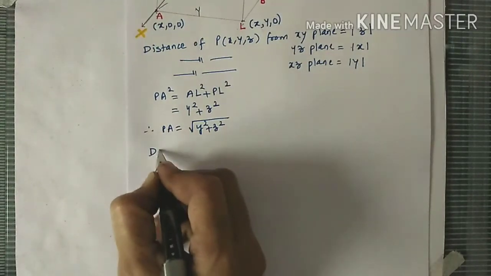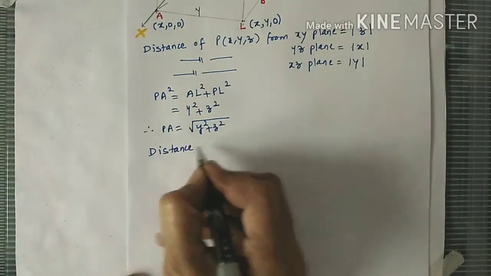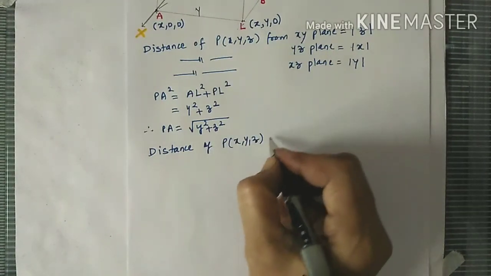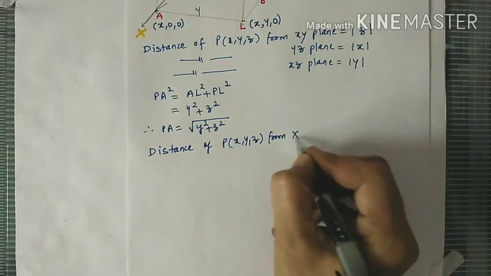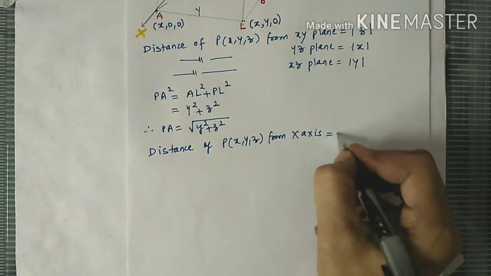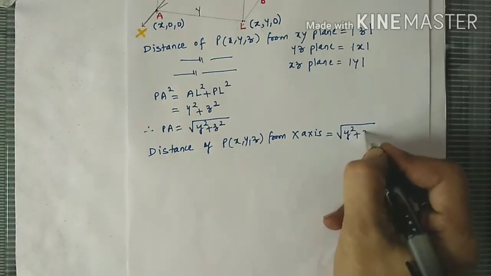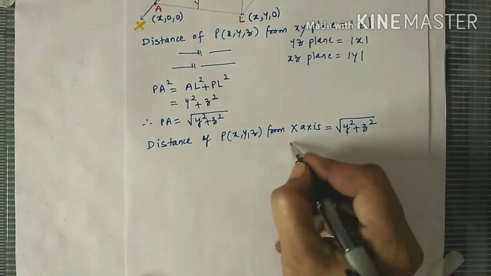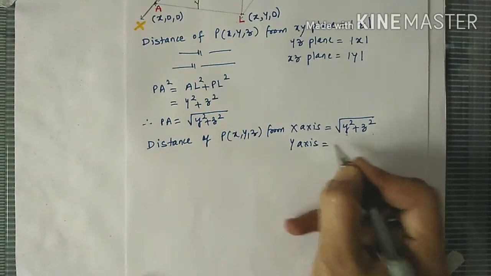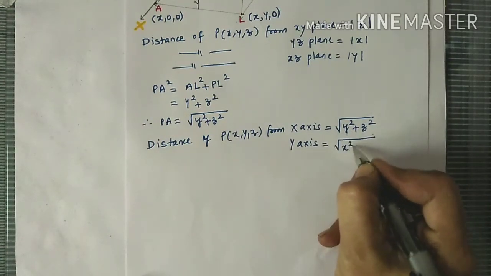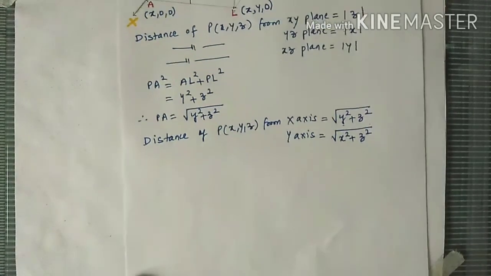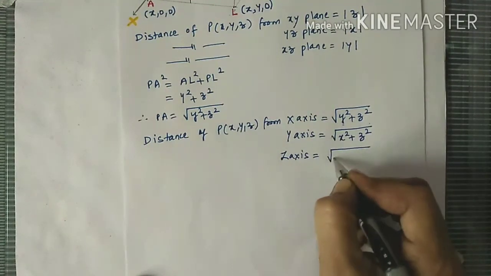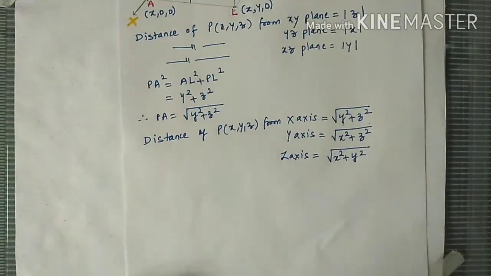Therefore, if P has the coordinates x, y, z, then distance of P from x-axis is root y square plus z square. See here, whenever it is x-axis, we have y and z here, root y square plus z square. So if it is y-axis, in that case, we will be having x and z coordinates square and their sum. If it is z-axis, in that case, the distance will be root x square plus y square.